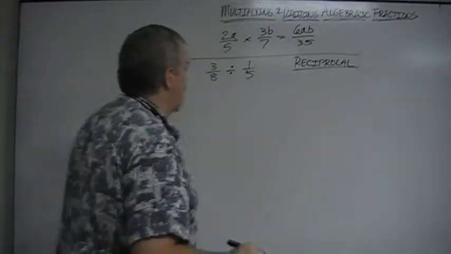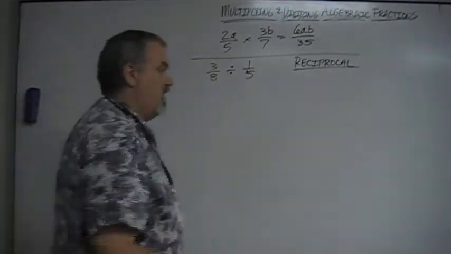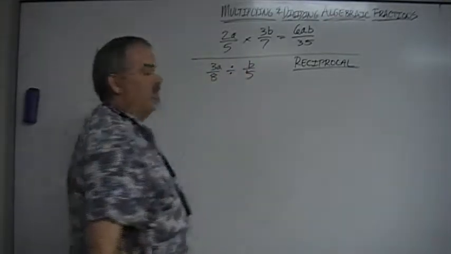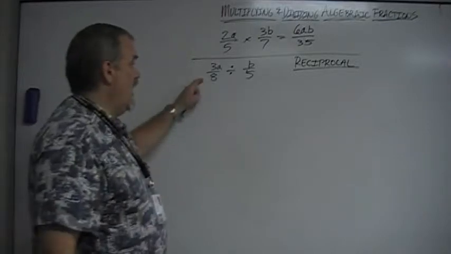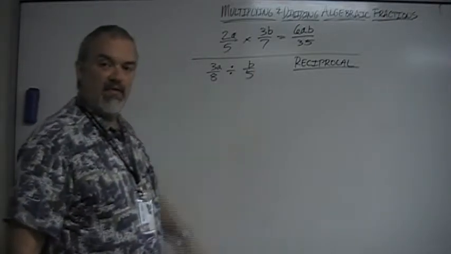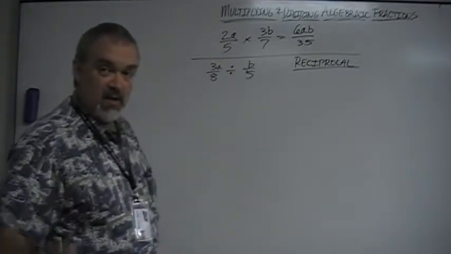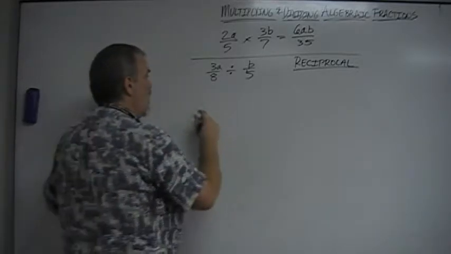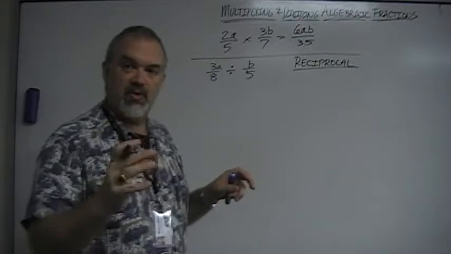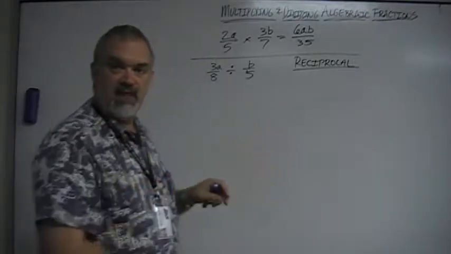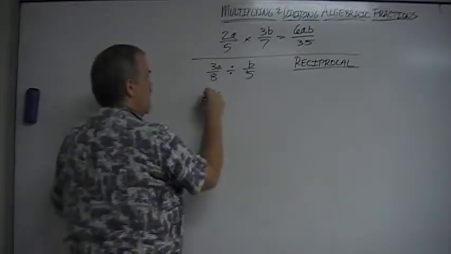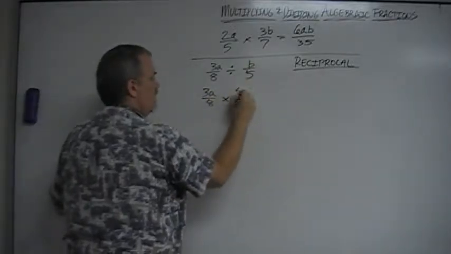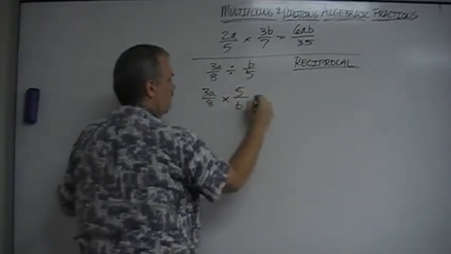So we're just going to turn these into algebraic fractions. We're going to make this an a, and we're going to make that b. So we now have 3a over 8 divided by b over 5. What do we do? The same as before, flip and multiply. Another way to say that would be we multiply by the reciprocal of the second fraction. 3a over 8 times, flip it, 5 over b.